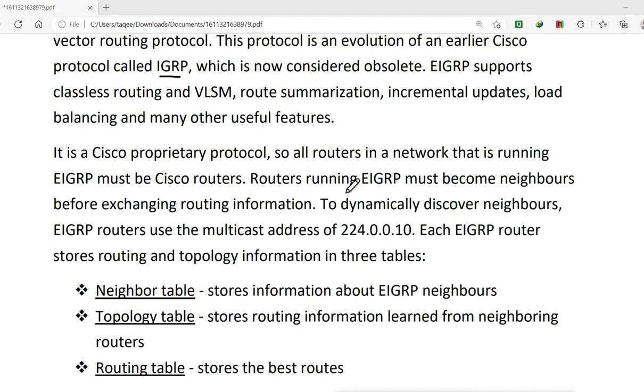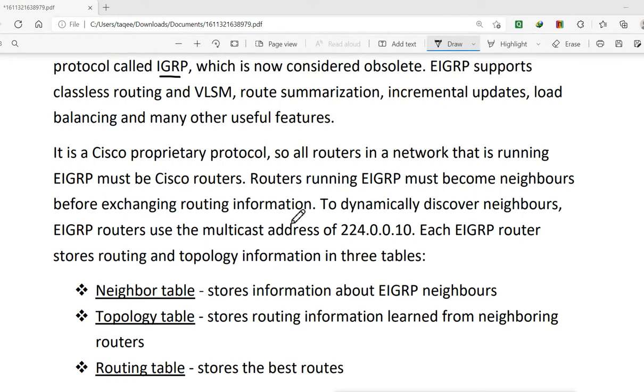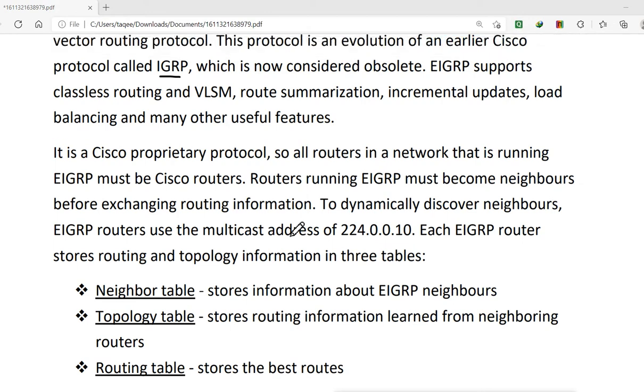Routers running EIGRP must become neighbors before exchanging routing information. Just like in OSPF, in EIGRP also it creates the neighborship and a neighbor table, and it only exchanges routing information with neighbors. So first the routers have to become neighbors, and then only can they exchange the routing table.